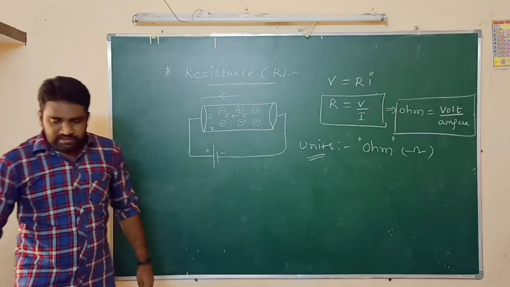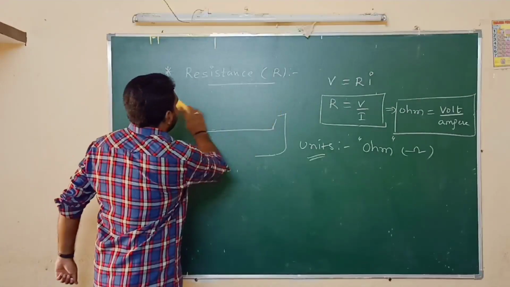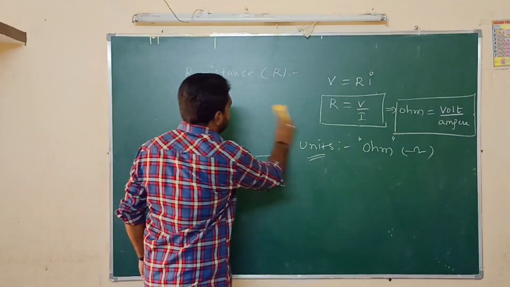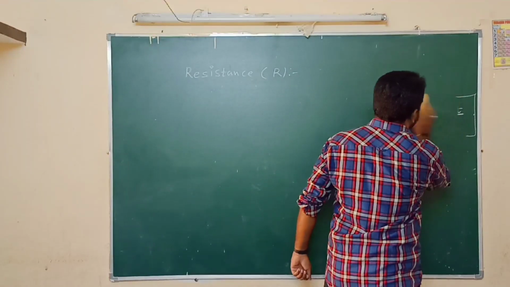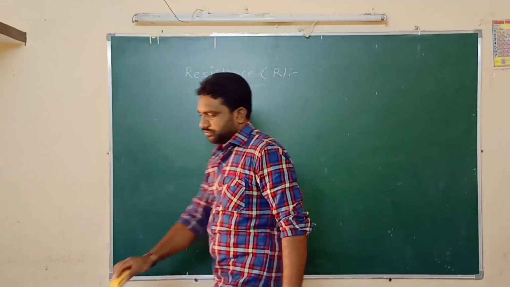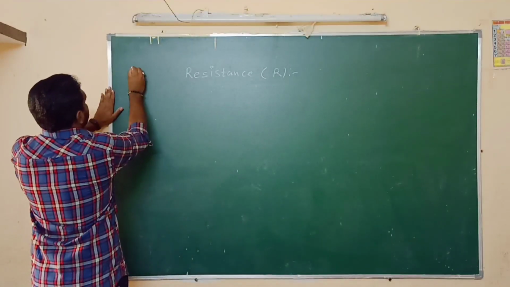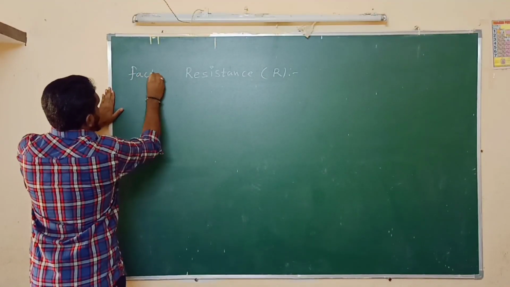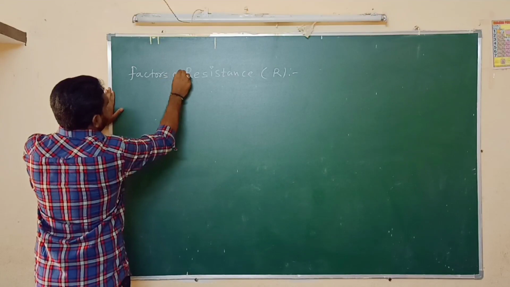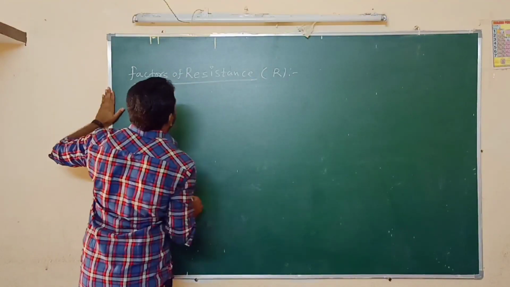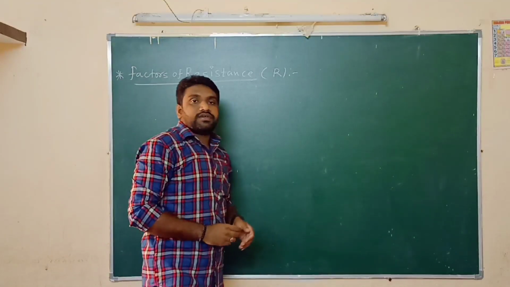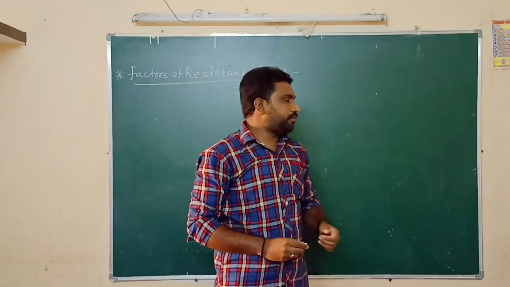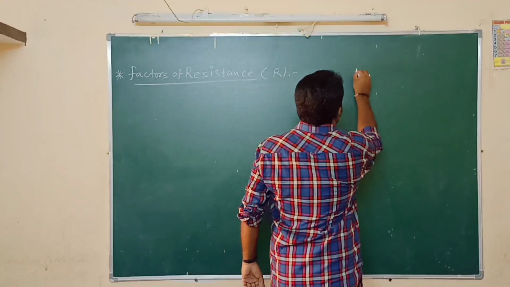Our next topic is factors affecting the resistance of a conductor. The resistance of a conductor basically depends on four factors.